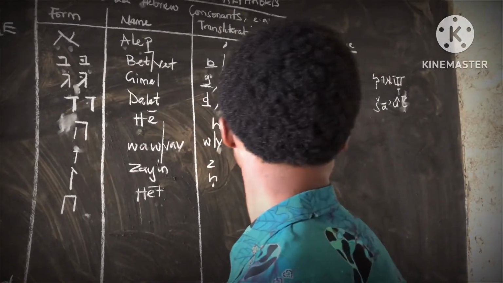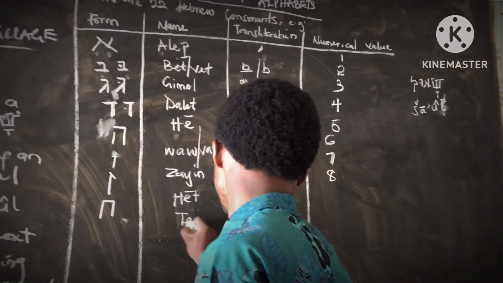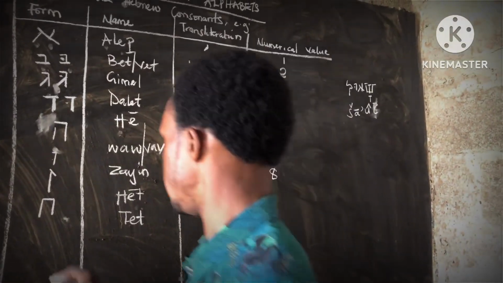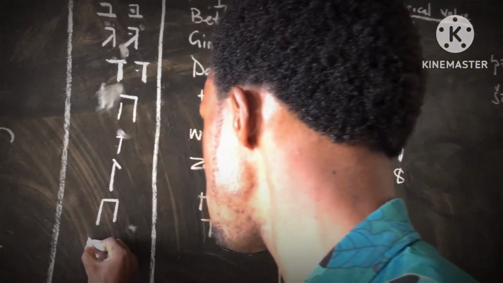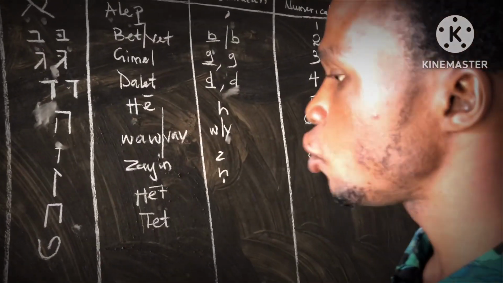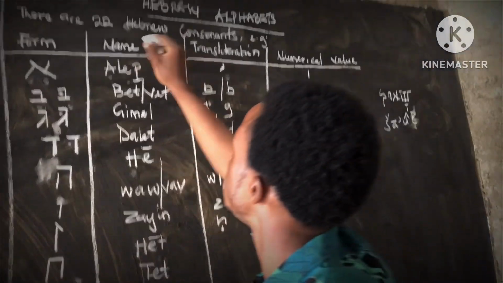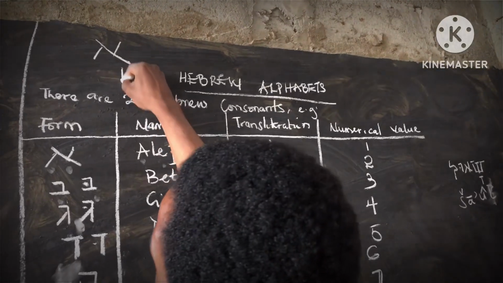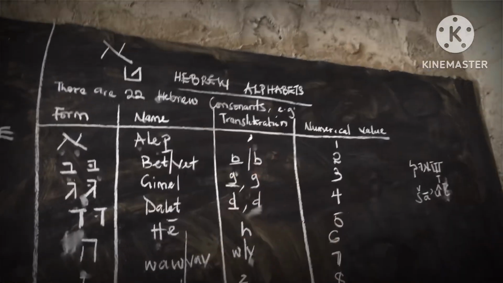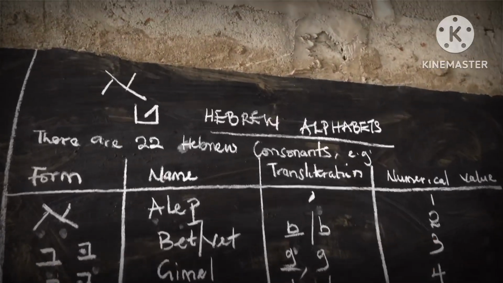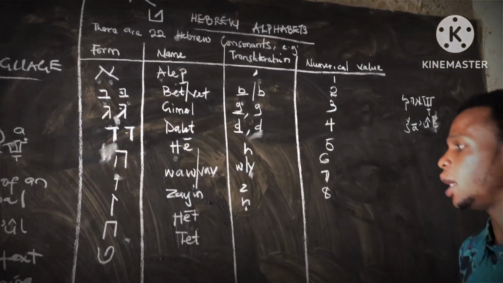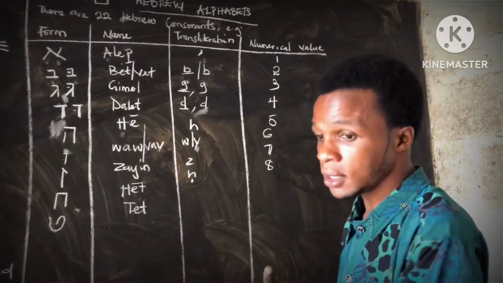The next one is what we call Tet. Tet is simply written like this. I can give you 2 forms. You can write your Tet this way too, or that way as well, depending on the one you can remember, the one that is easy for you.